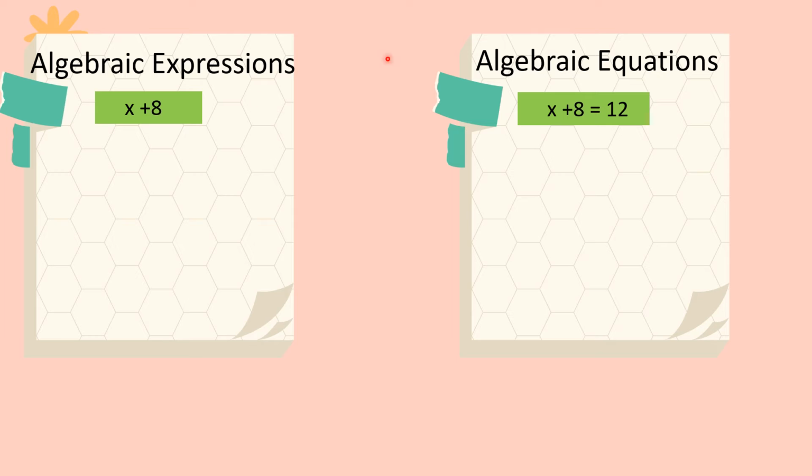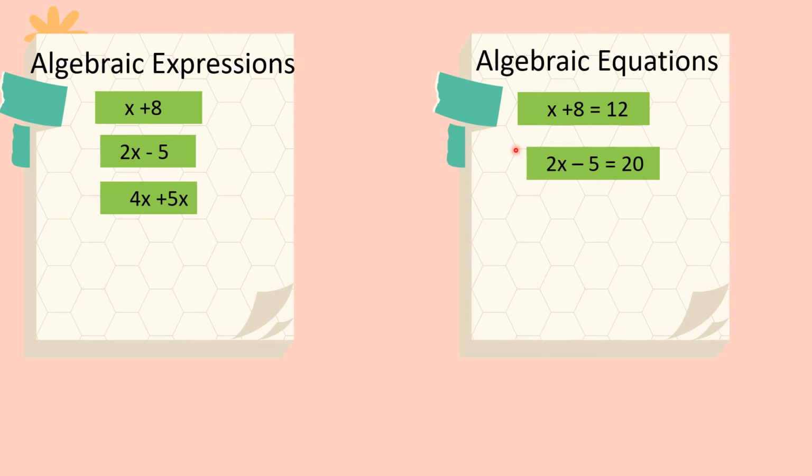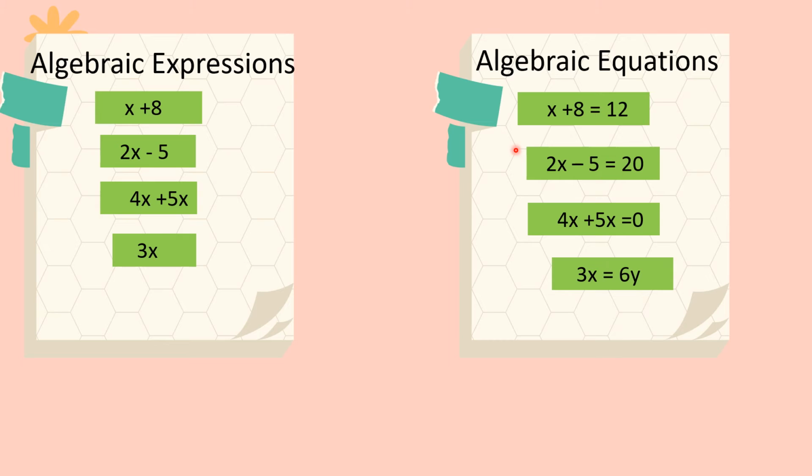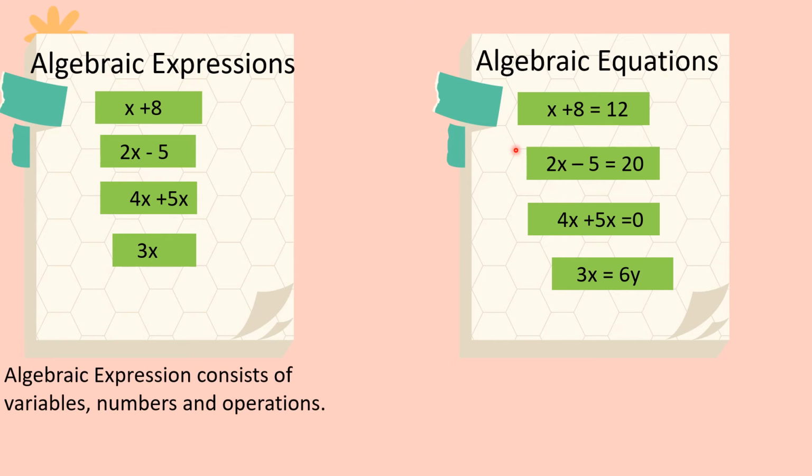On the other side, I have x plus 8 is equal to 12. I have 2x minus 5. And 2x minus 5 is equal to 20. 4x plus 5x. Here I have 3x is equal to 6y.